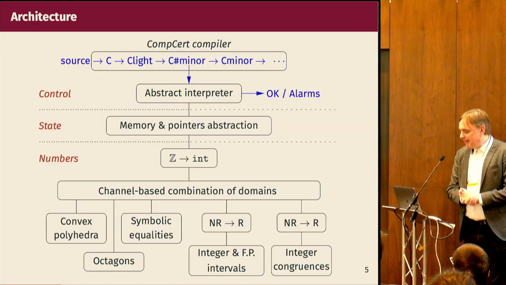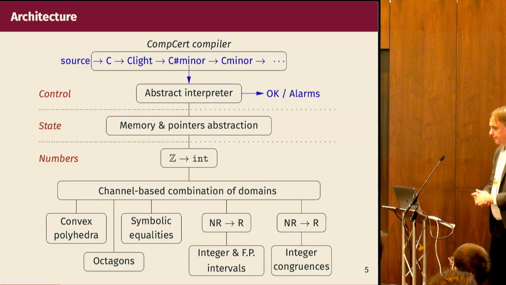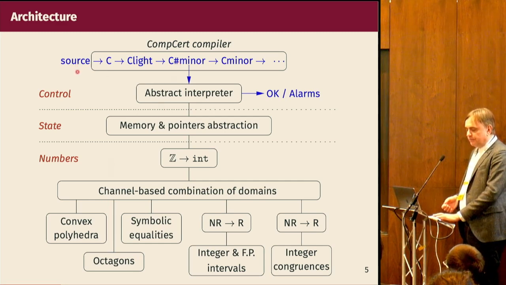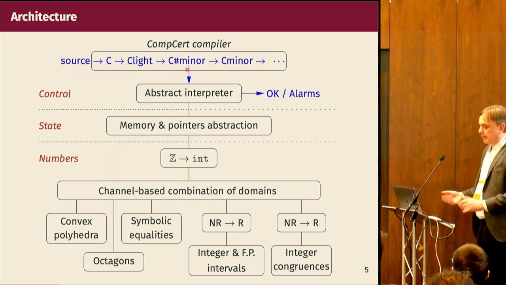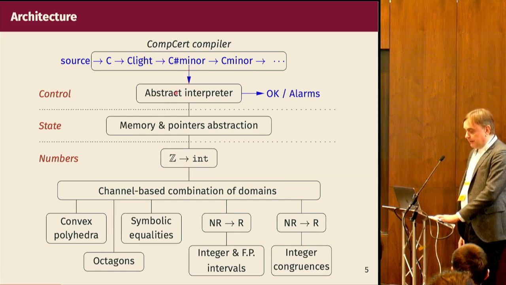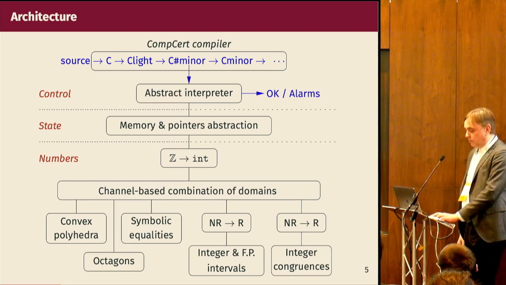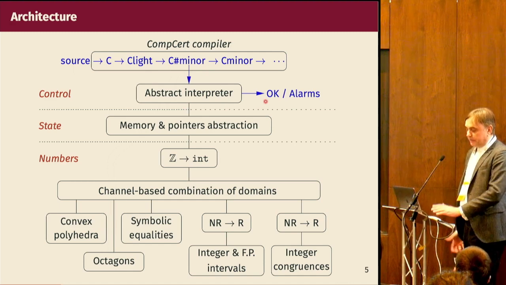So basically, that's the architecture and the main components. At the top, you have the CompCert compiler that pre-processes your source into an intermediate language called C#minor, and that's where we chose to plug in the abstract interpreter, which analyzes all paths of control, of course, and reports alarms.